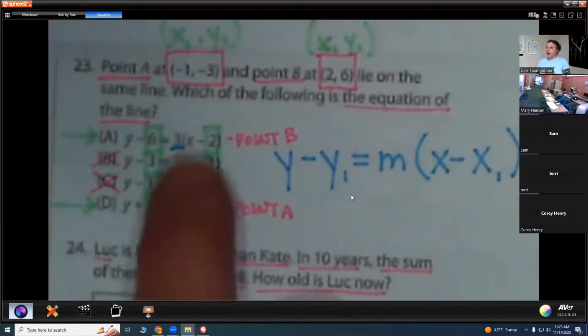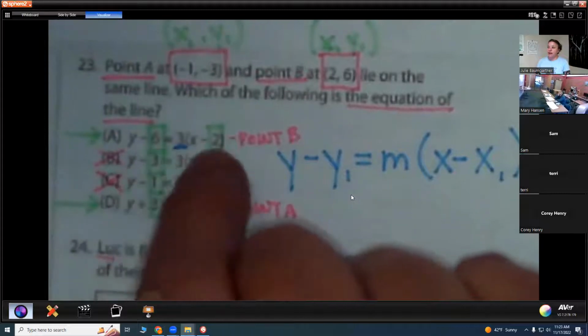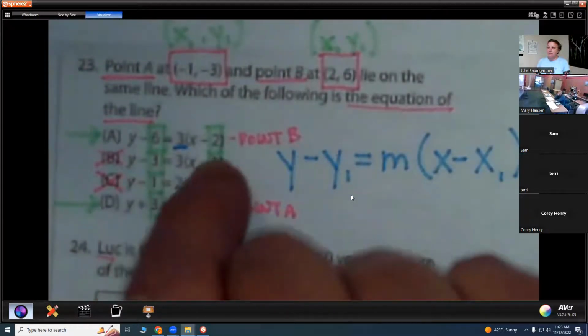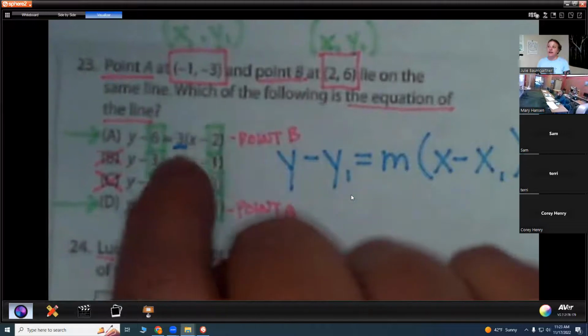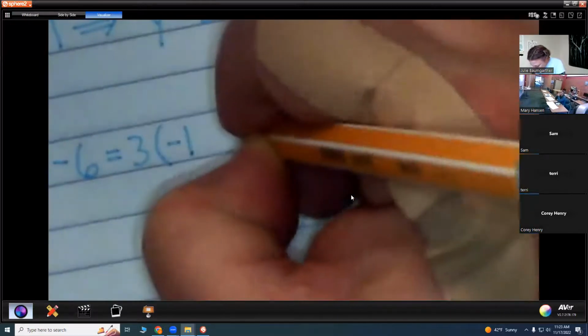So let's try, I'm going to put my other point into my A equation to see if it's true. So Y equals -3 minus +6 times 3 minus 1.